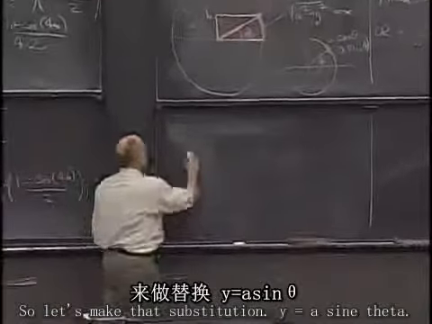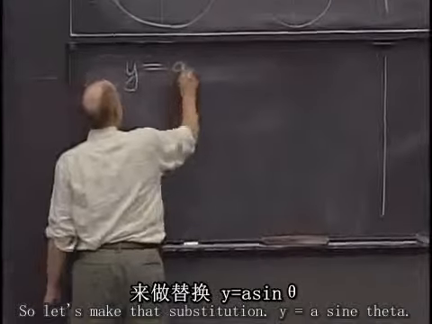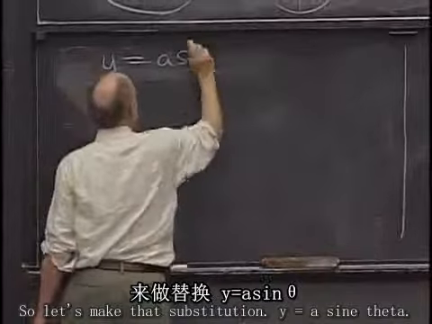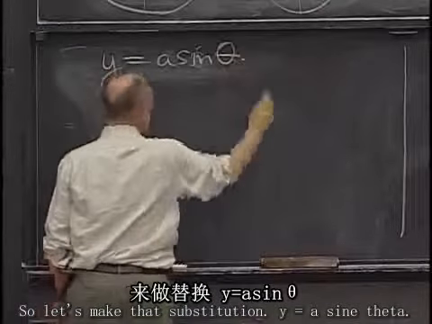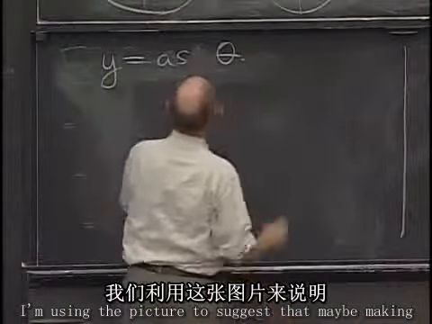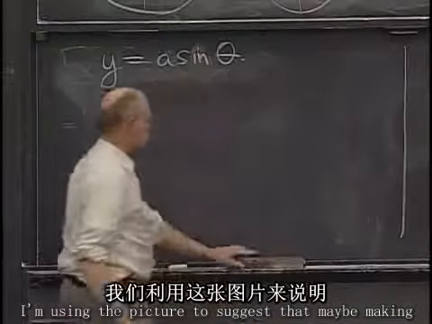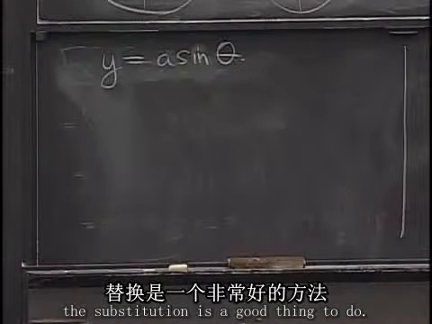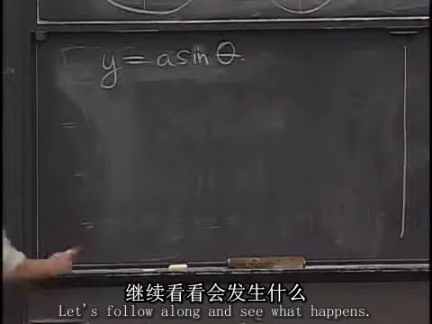So let's make that substitution. Y equals a sine theta. I'm using the picture to suggest that maybe making this substitution is a good thing to do. Let's follow along and see what happens.